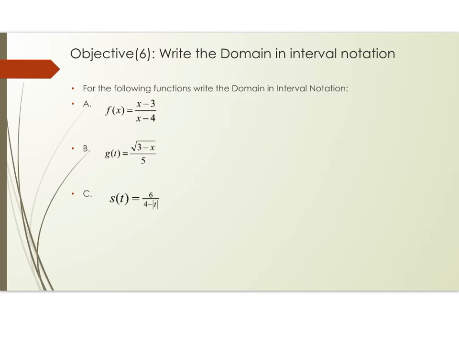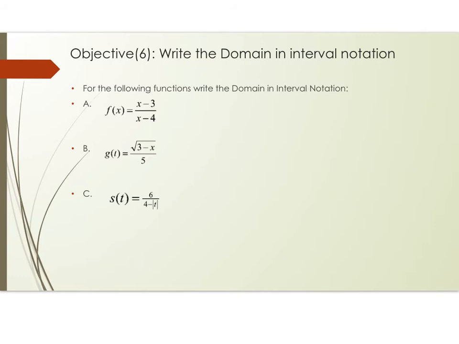So again, our last objective is to try to write the domain in interval notation. So we're going to look at this, and we have a function f of x is equal to x minus 3 divided by x minus 4. For b, we have g of t is equal to the square root of 3 minus x divided by 5.